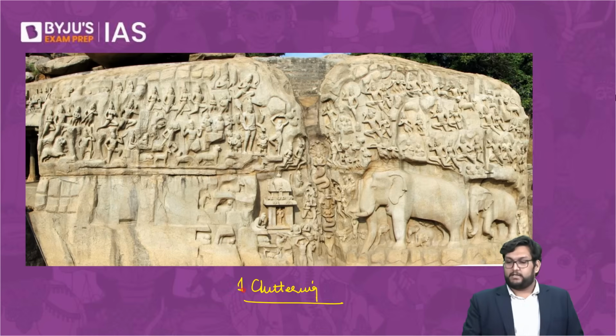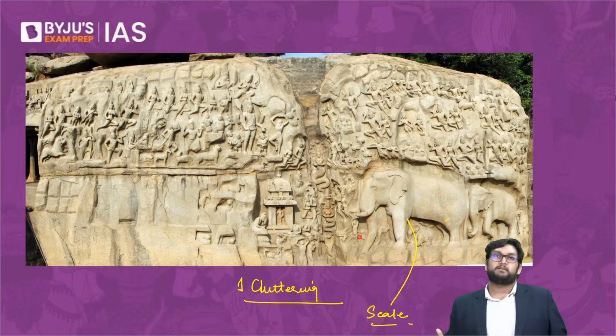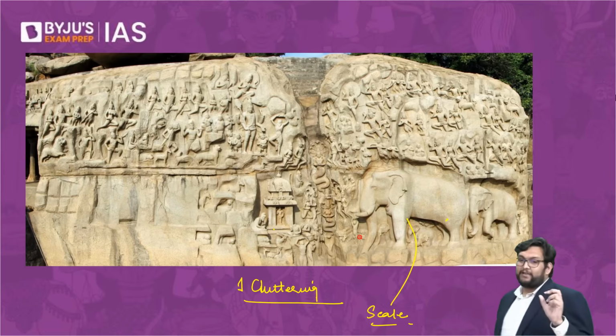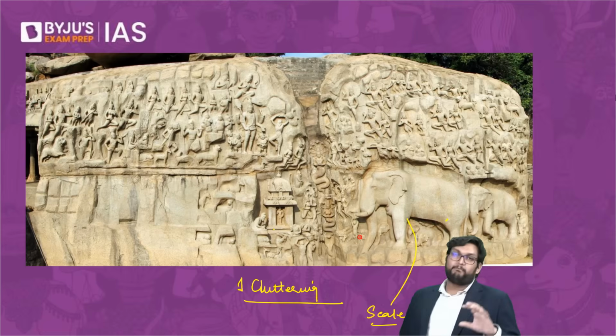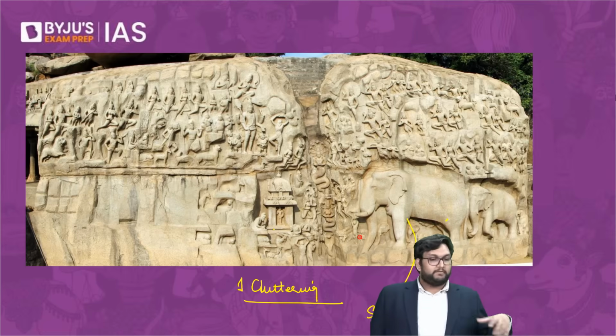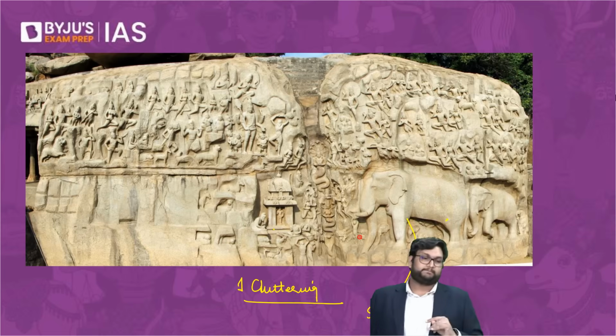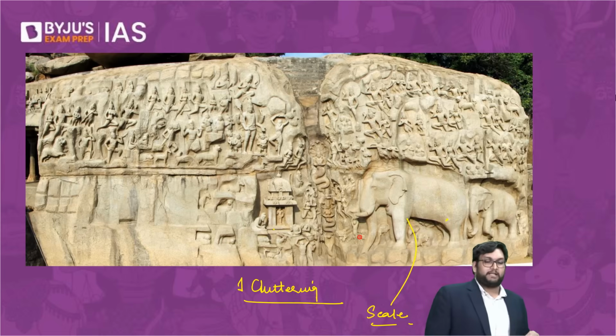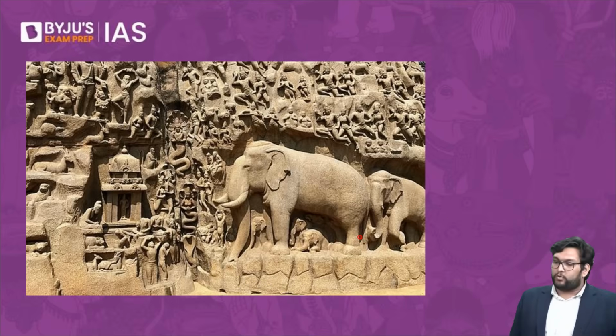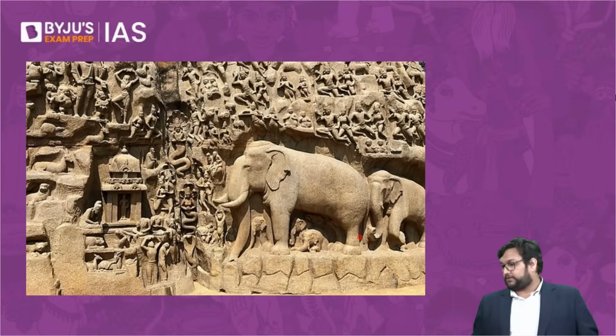Second comes scale. Somehow this temple is smaller than the elephant, and the elephant somehow is bigger than most of the things. Further, they have tried to push a multi-point perspective, which makes it even more problematic. And therefore, though they are known for their sculpture aspect, scale and cluttering become an issue.